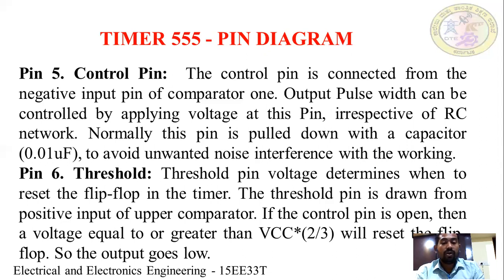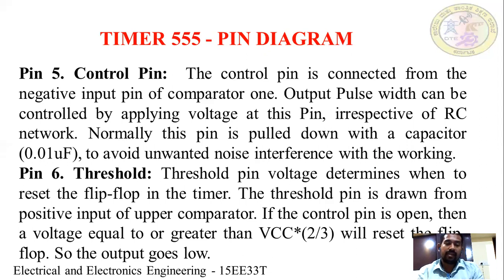This is how the control pin can control the circuit. Normally this pin is pulled down with a 0.01 microfarad capacitor to avoid unwanted noise interference. Also, if a reference level other than 2 by 3rd of VCC is required, we use this control pin.